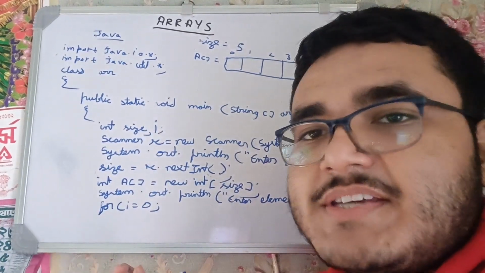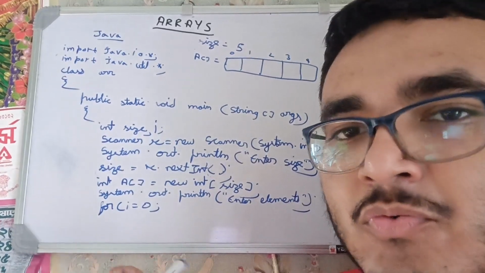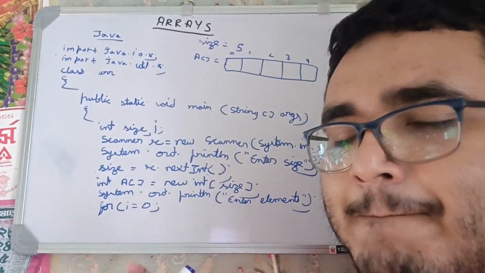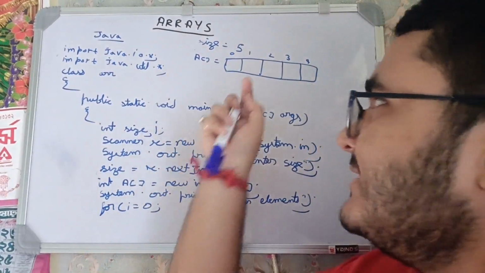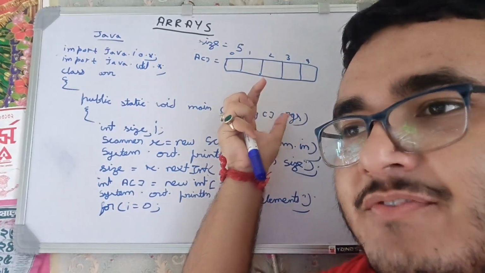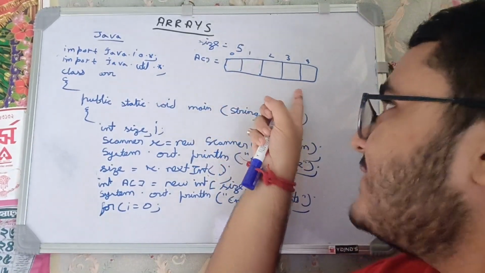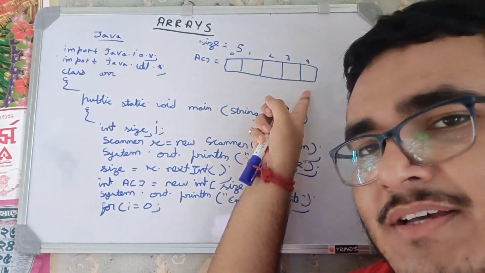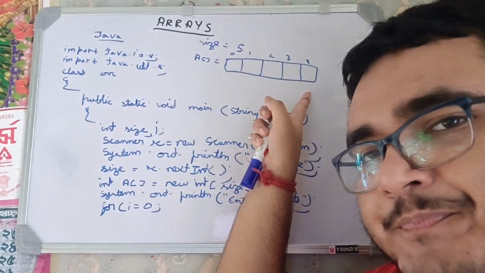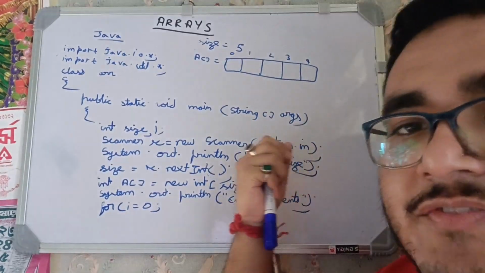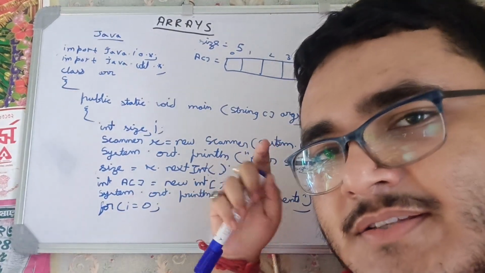Now the condition where the loop will stop. When should the loop stop? See, if the size is 5, it should take the last value at index 4, right? Then it should stop. And if the size is 100, just use common sense.